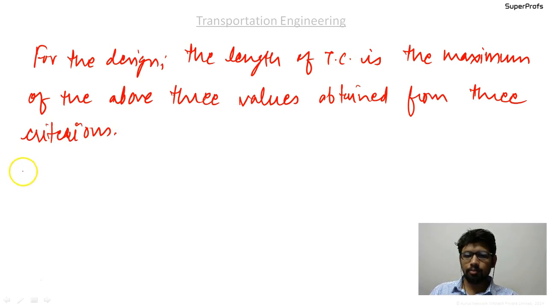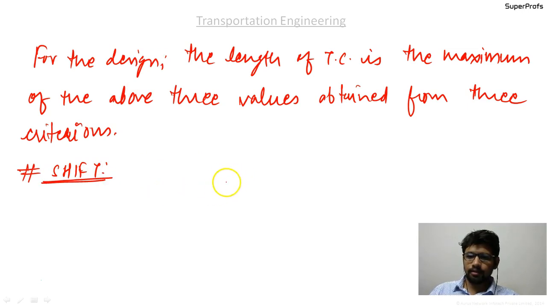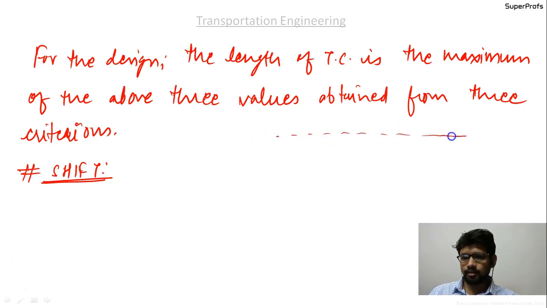And there is one important concept, that is the shift in transition curves. First of all I'll explain what is shift. The usual road is of this kind, straight over here and again straight over here.